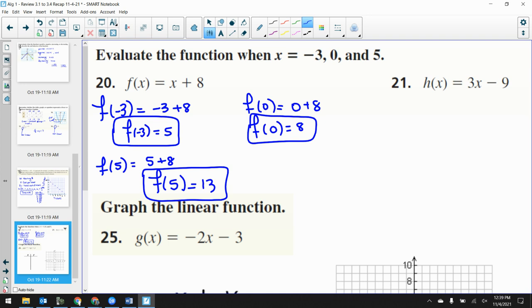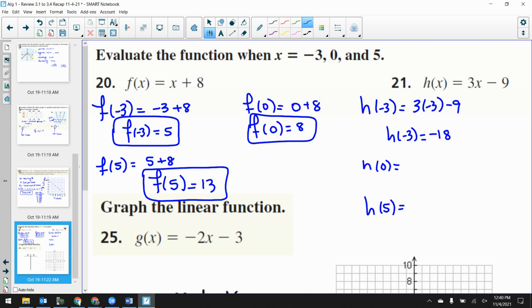And now we do the exact same thing for the other problem. I want to find h of -3, h of 0, and then h of 5. Which means 3 times negative 3 minus 9, and that's just negative 18.